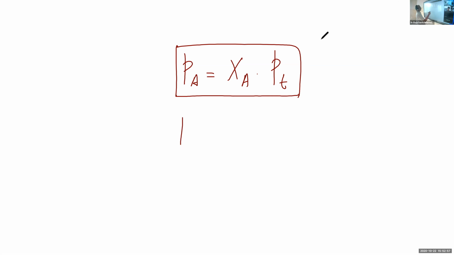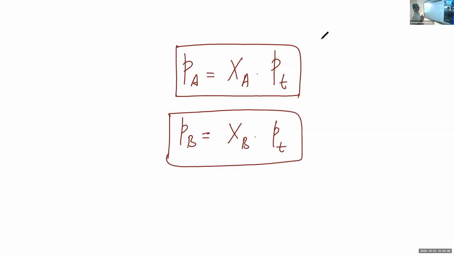Similarly, the partial pressure of B, PB, is equal to the mole fraction of B, XB, into P total, PT. So we have a relation between the partial pressure of a component and the total pressure: the partial pressure of a component is equal to the product of the mole fraction of that component and the total pressure.